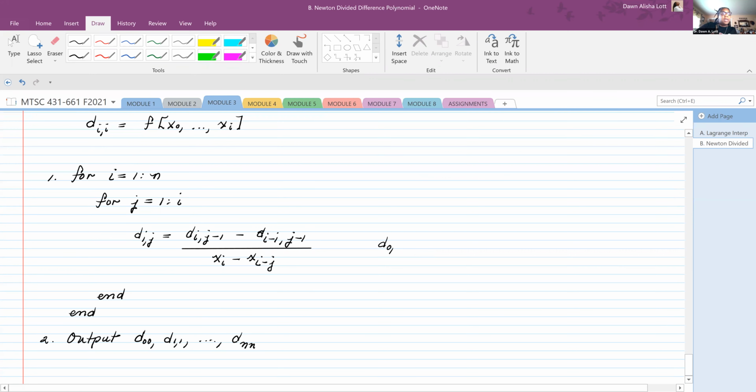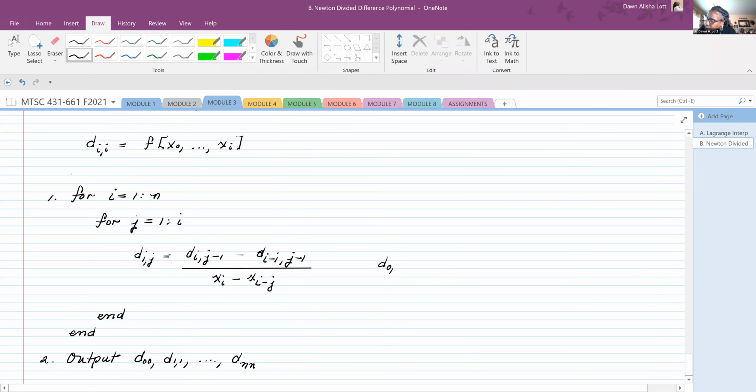I should have defined that at the beginning. So that's the Newton divided difference, and that works very nicely.